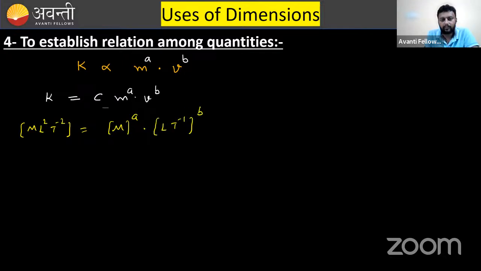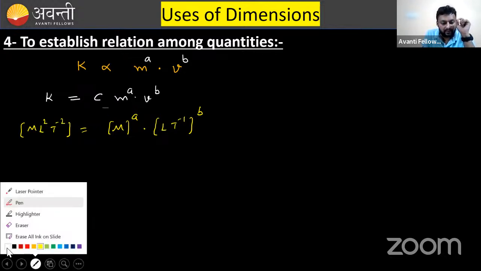Now, from the principle of homogeneity, dimensions of both terms should be the same. That means the dimension of mass here must be the same as the dimension of mass in this term. So you can compare the powers.